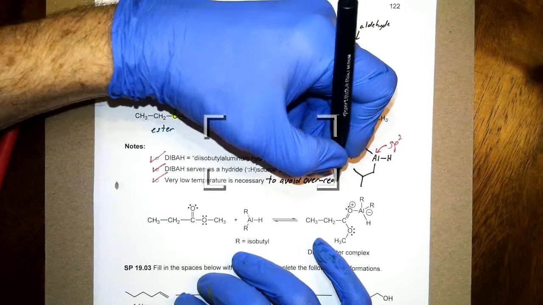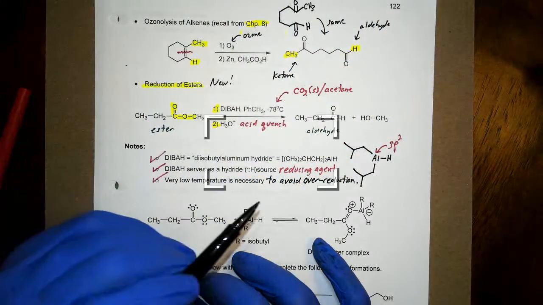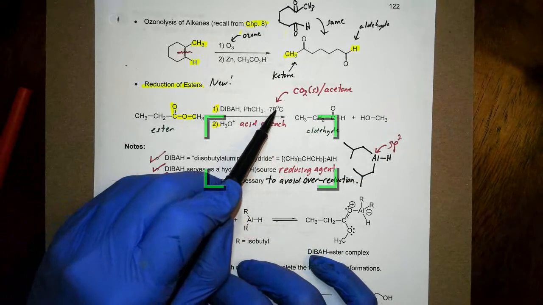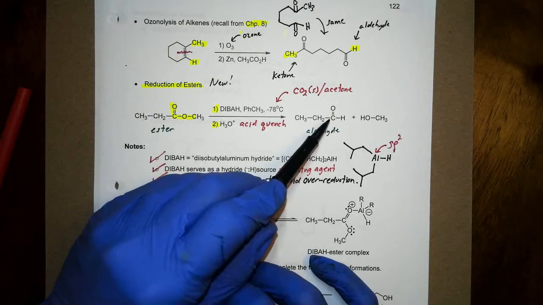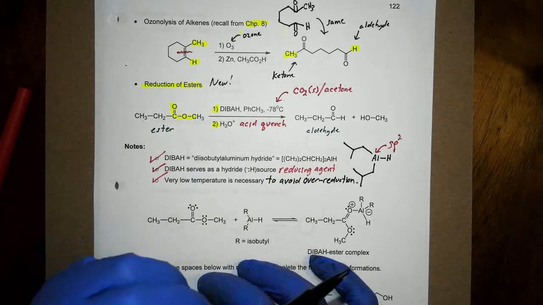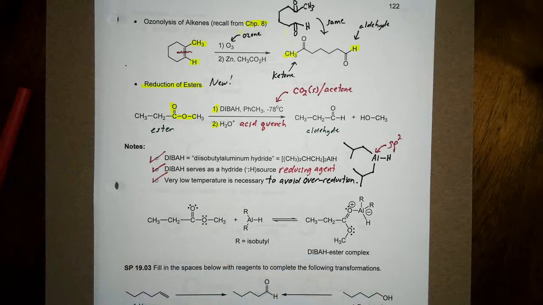So what is over-reduction? If you have this at room temperature, this aldehyde, the carbonyl, would get reduced all the way to the alcohol. It would keep going until it was the alcohol. But if you want to stop it at the aldehyde stage, you better conduct the reaction at low temperature.